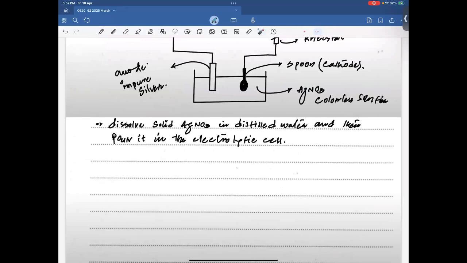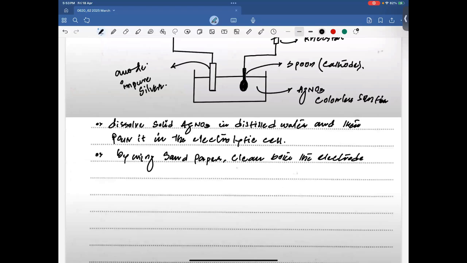Okay. Now clean both the electrodes by using sandpaper. Clean both the electrodes. And after that, measure the mass of both the electrodes through electronic balance.